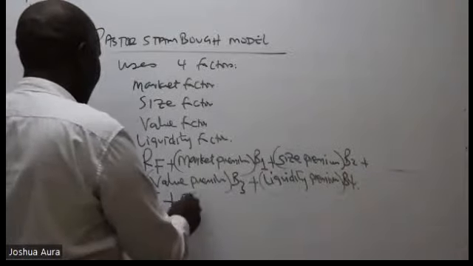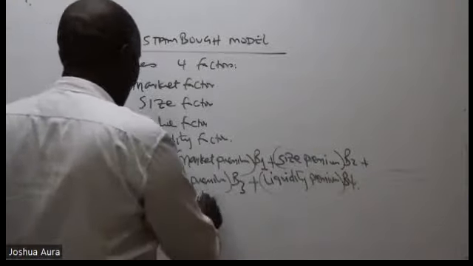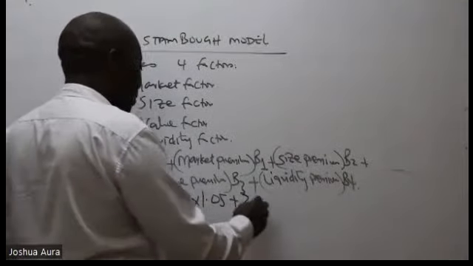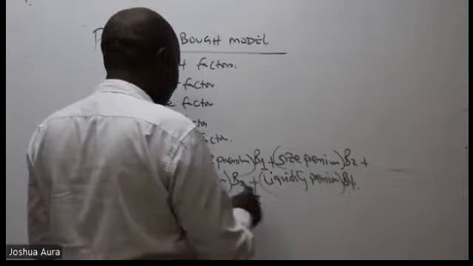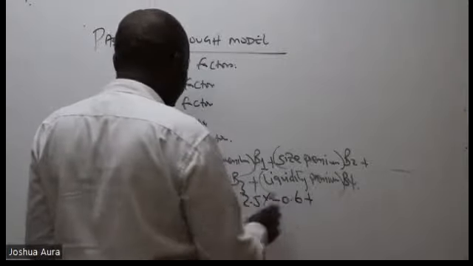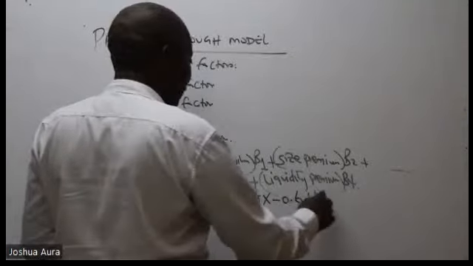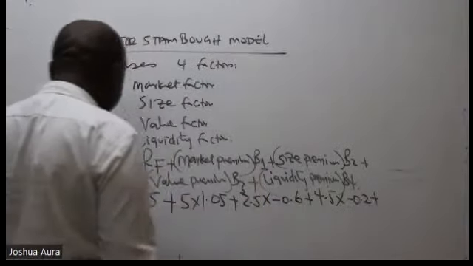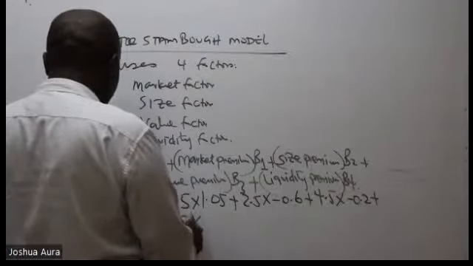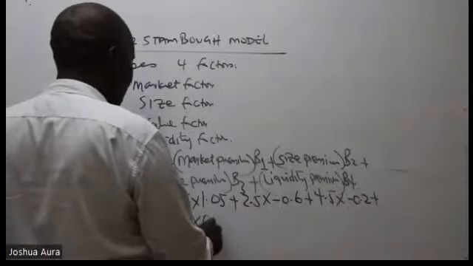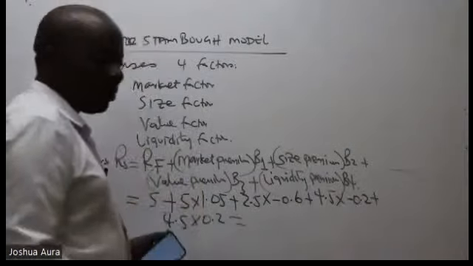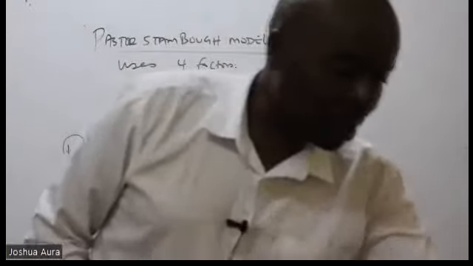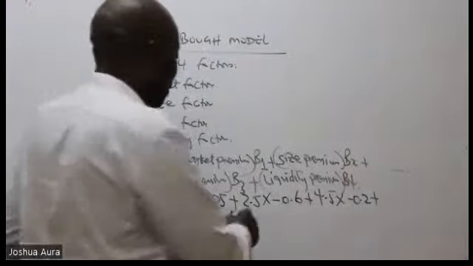Market premium is 5 times its sensitivity factor, which is 1.05, plus the second factor's premium is 2.5 times minus 0.6, plus 4.5 times minus 0.2, plus 4.5 times 0.2. If you do it that way, you'll be able to give us the correct answer, which is 8.825.